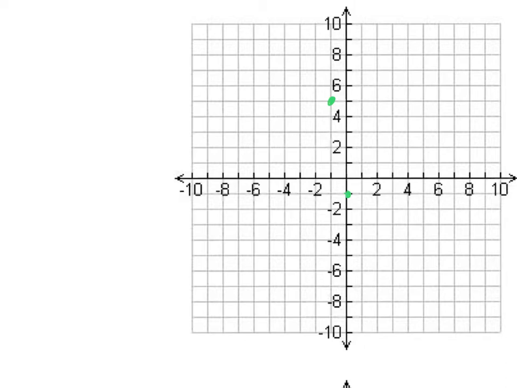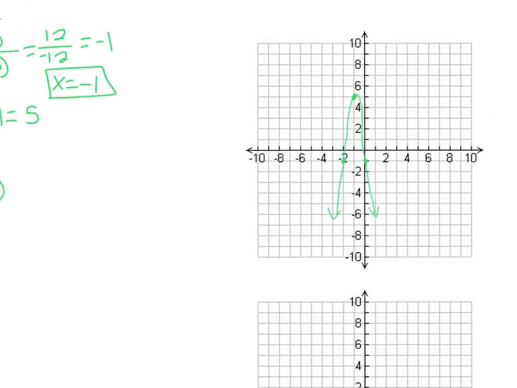I'm not going to draw it, but you can if you would like to. So to do the other half of our parabola, we're going to be symmetrical. So we're going to go 1 away and down to negative 1 on the other side. So here is your parabola. It is a pretty skinny one. So that is it for graphing that one.